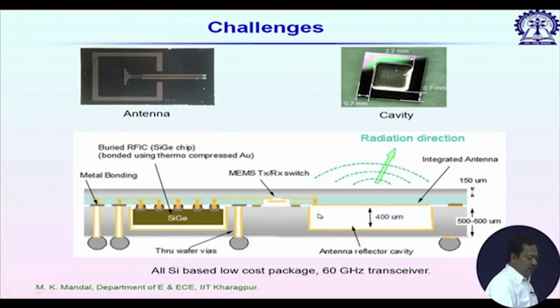When we integrate the antenna inside the same chip, we have to take care of many factors. For example, this antenna is a resonating structure, it has some fringing electric field in silicon and air. So, it can interact with other metallic parts of this chip itself.